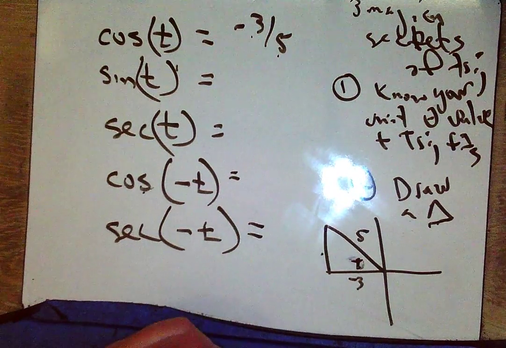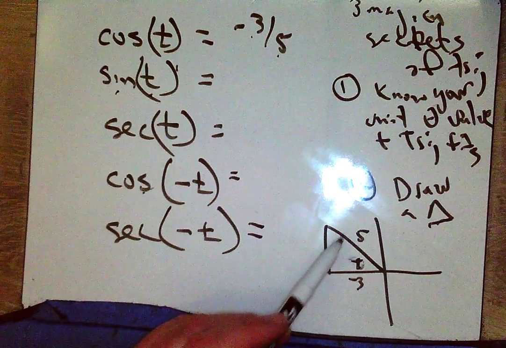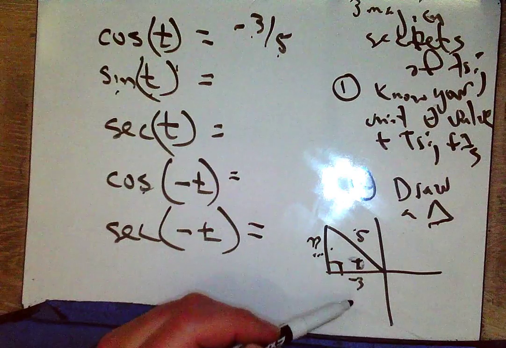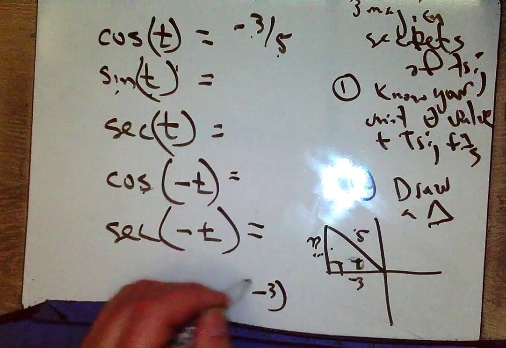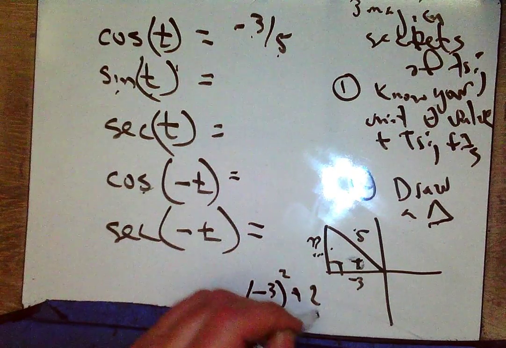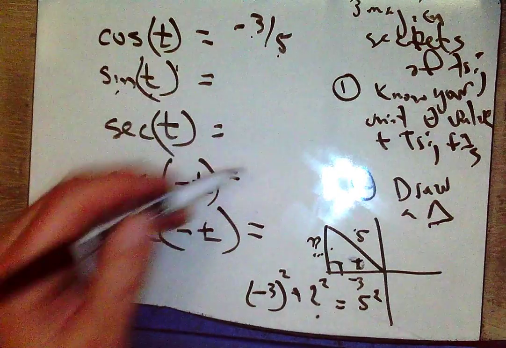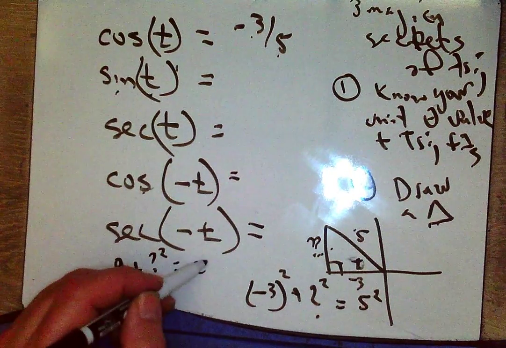And now how do I find the side? Because I'm looking for the sine, so I need opposite over hypotenuse. How can I figure this out? Well, this is a right triangle. And because this is a right triangle, I should be able to do the Pythagorean theorem. So I've got 9 plus something is 25.